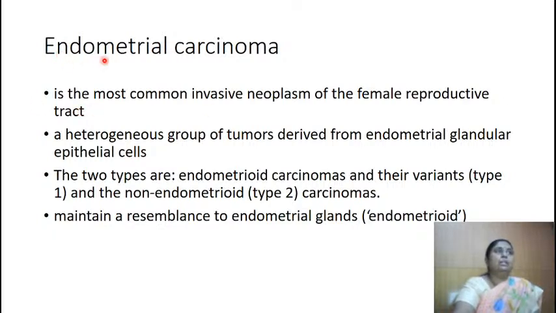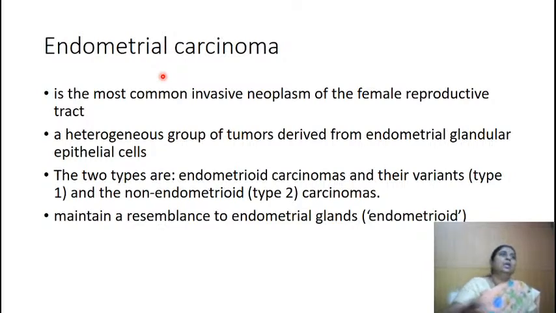Okay, it seems like it is arising from the endometrial epithelium, but when you look at it, it is not a homogeneous type of tumor. All the endometrial carcinomas do not have the same prognosis, do not respond in the same way to the chemotherapy which is given.